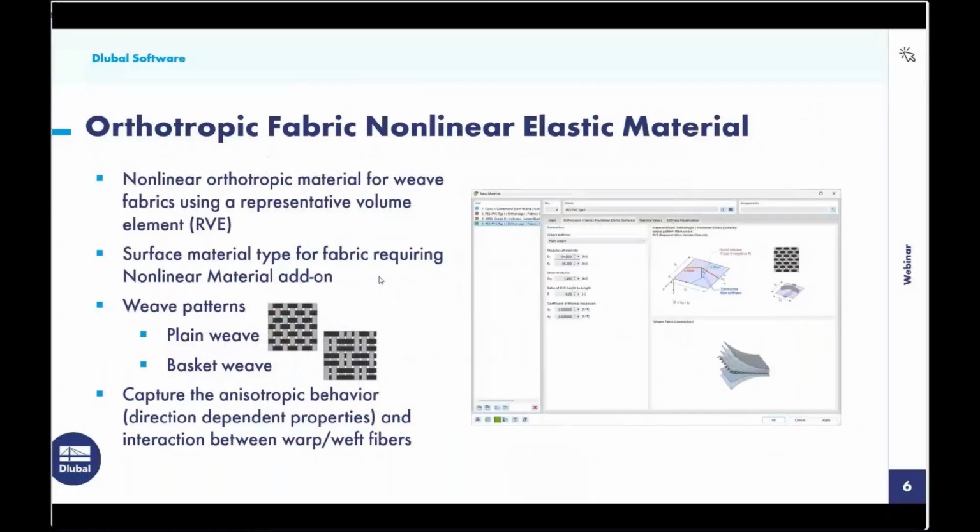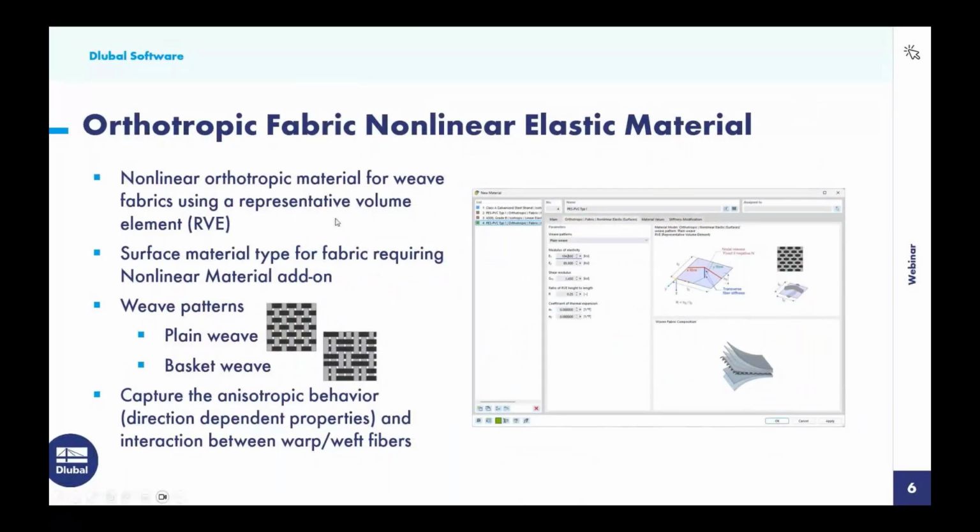We already touched on it, but we'll go into quite a bit more detail here with the new orthotropic fabric of nonlinear elastic material type. So this nonlinear material should be used to represent these weave fabrics. And ultimately, what we're doing in RFEM is we're using what we call a representative volume element, an RVE.